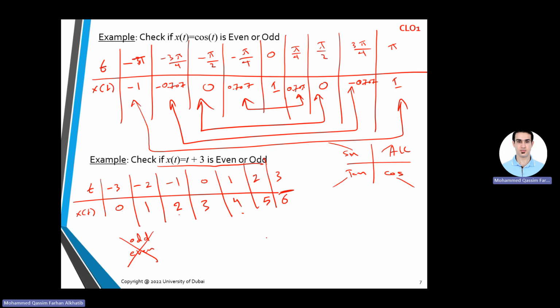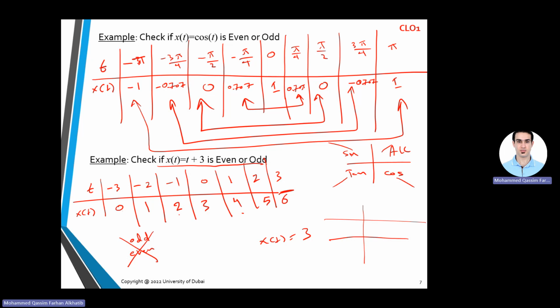All right, let's assume x of t equals 3. Do you think it's even or odd? Do you know how to draw 3? Okay, so it's this line or this line.